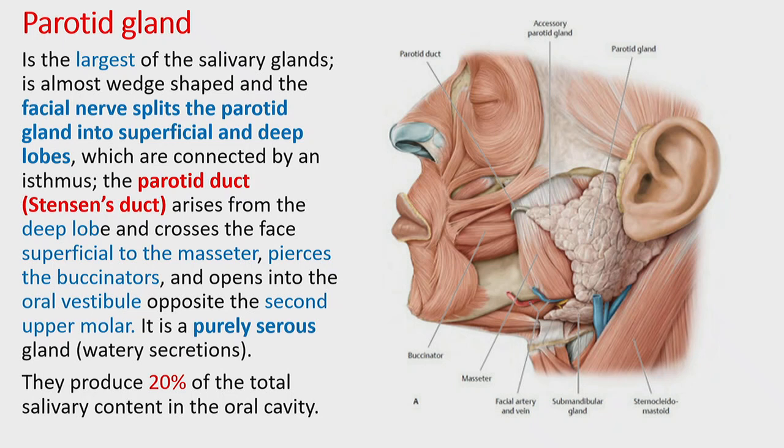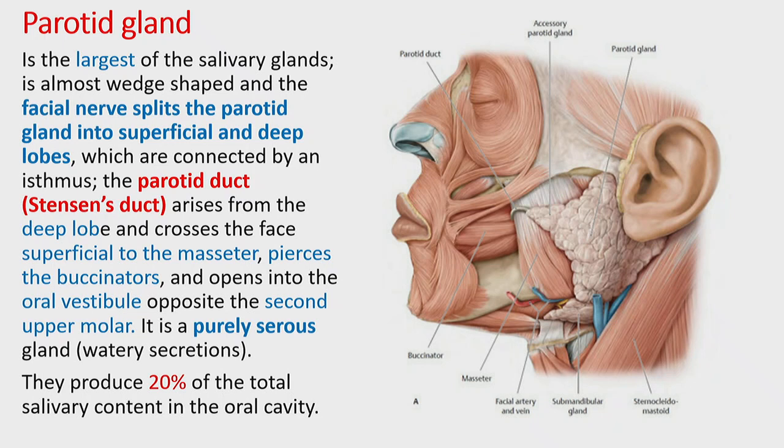Very important, never forget, the facial nerve passes inside the parotid gland. The facial nerve splits the parotid gland into the superficial and deep lobes. So the border between the superficial lobe and the deep lobe of the parotid gland is the facial nerve.